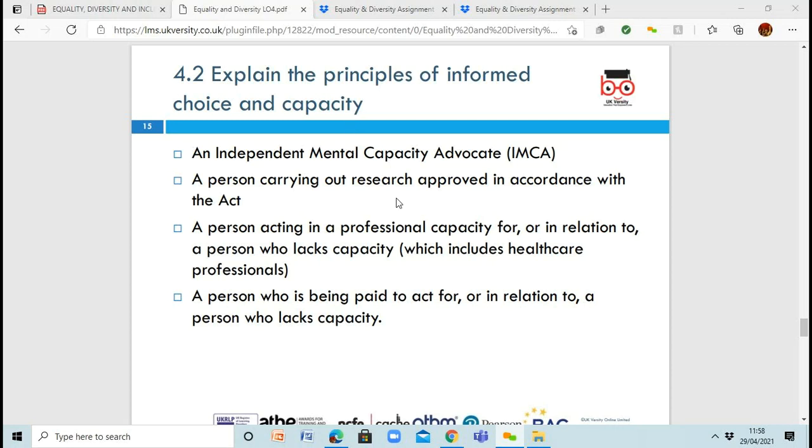So one of these people: any person carrying out research, any person who's acting in a professional capacity, so anybody within healthcare, they're all under this category, and any person who's being paid to act for or in relation to a person who hasn't got the capacity. So a person might be working for them, or they might get paid by the government to look after that person. They all need to make sure that they follow the act.